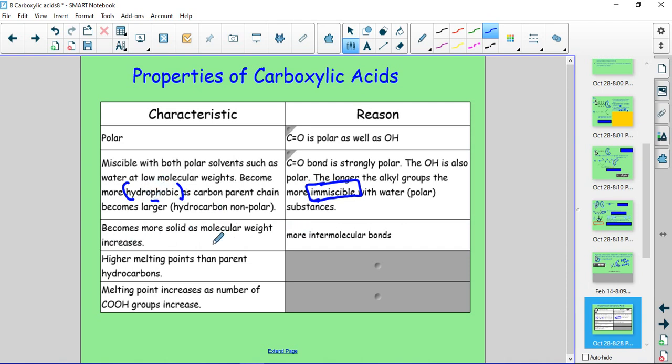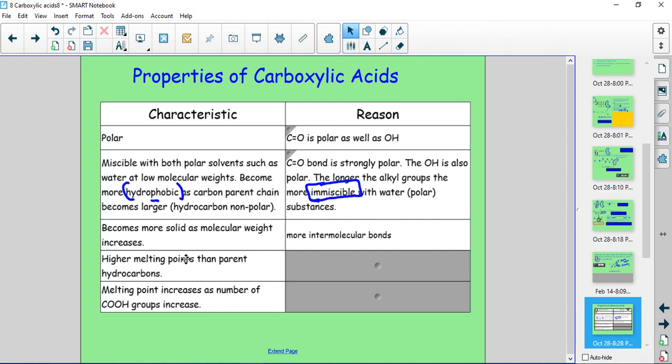The longer the carboxylic acid, therefore, the more intermolecular forces, right? The greater the molecular weight, if it's longer, the more solid it's going to be. So the more intermolecular forces there are, the more these molecules can hold on to each other and begin to change its state at room temperature, with longer and growing alkyl ends.